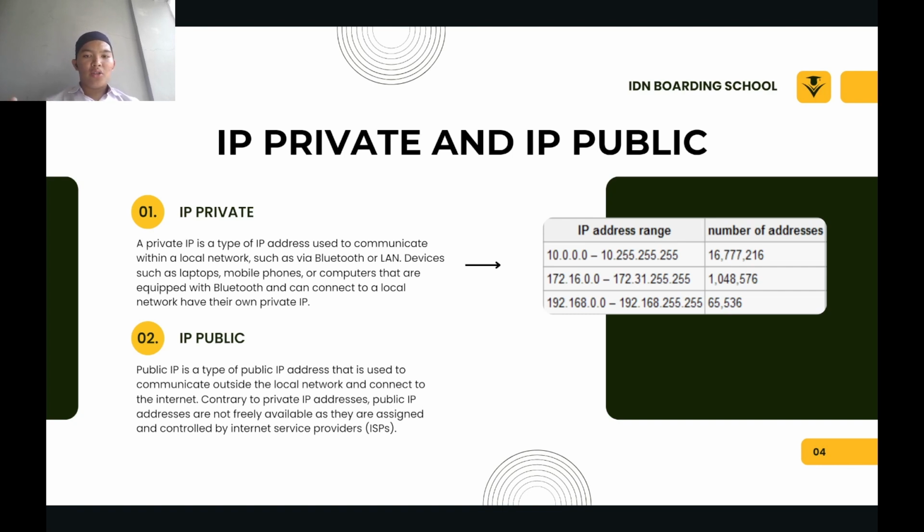If we connect to the internet, the provider or the router gives us a public IP that we can use to access the internet. Yeah, like that. And a public IP cannot access the LAN.